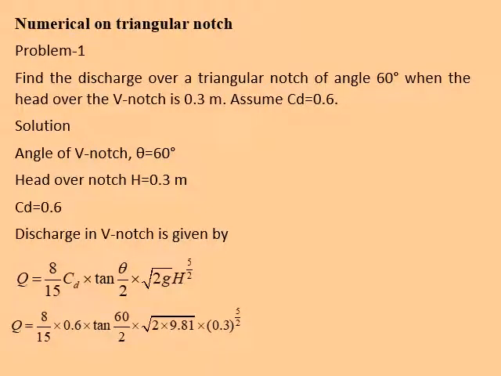Q is equal to 8 by 15, CD value is 0.6, tan of theta angle 60 degrees by 2, into square root of 2 into 9.81, and the head is 0.3 meters, raised to the power of 5 by 2. Finally, the discharge through the triangular notch is 0.040 meter cube per second. So that is the solution for this numerical.